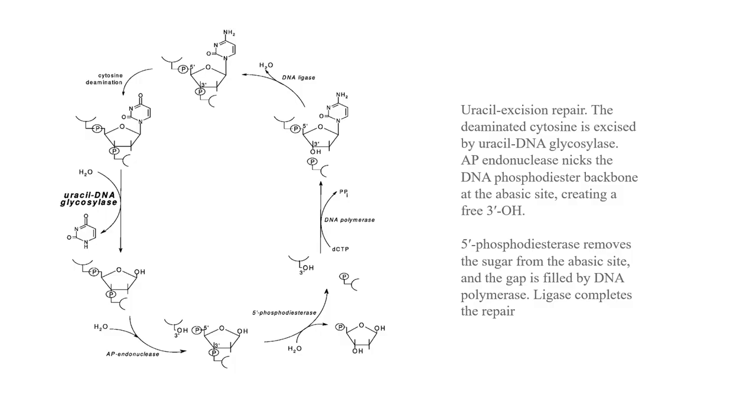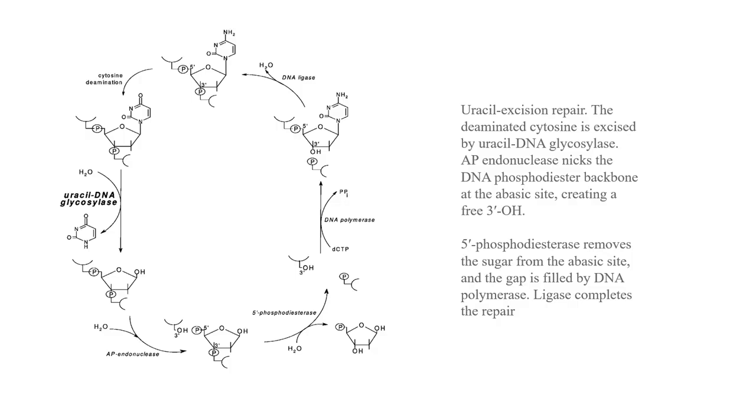So when a cytosine gets changed into a uracil by deamination, which does occur physiologically, you can see here that the deaminated cytosine is excised by an enzyme called uracil DNA glycosylase, and then an AP endonuclease goes in and nicks the phosphodiester backbone, and then a 5' phosphodiesterase takes that entire group, including the sugar, out, and then the gap is filled in by a DNA polymerase, and the backbone is repaired by a ligase.